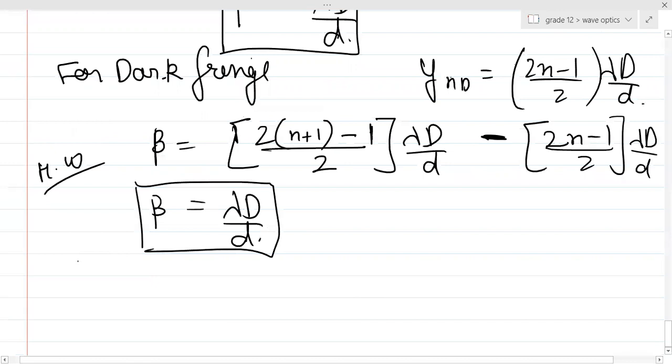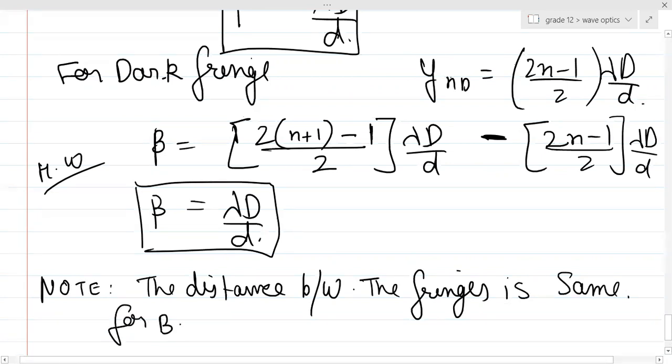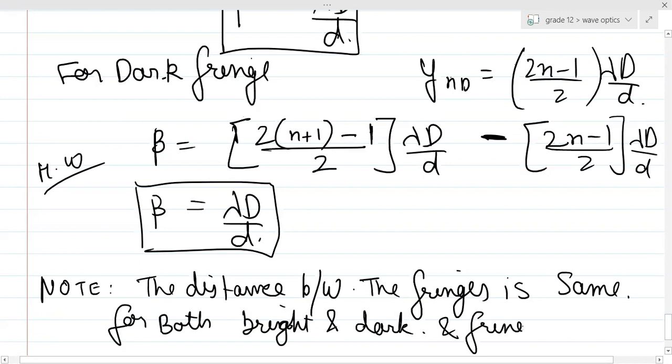So kindly note, the distance between the fringes is the same for both bright and dark, and fringe width is constant.